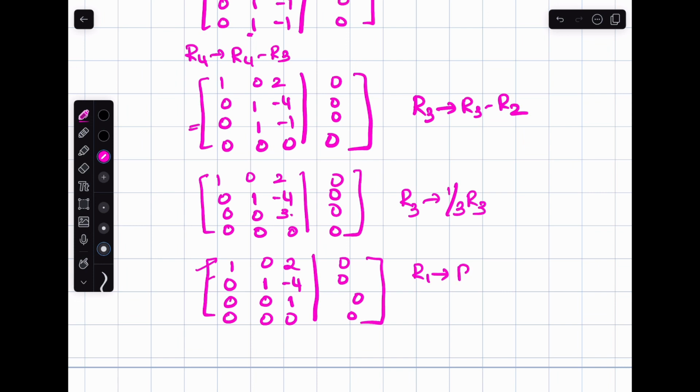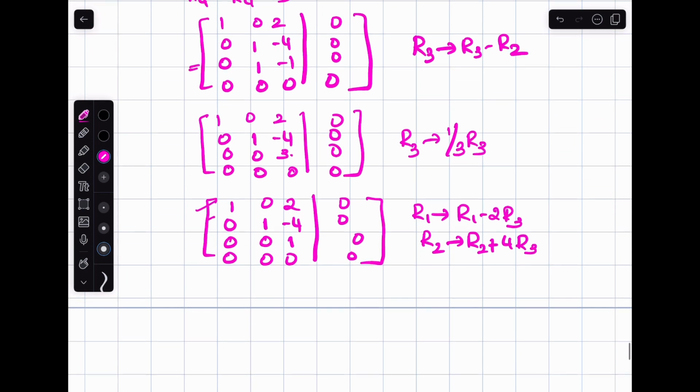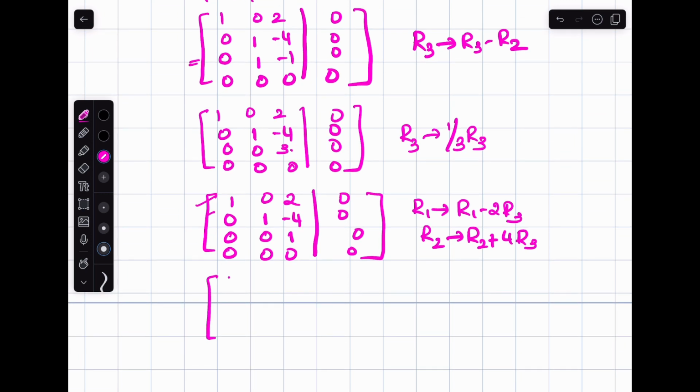So r1 changes to r1 minus 2 times r3, and r2 changes to r2 plus 4 times r3. Oops, 4 times r3 plus. All right, now the matrix will change to 1 0 0 0, second row will be 0 1 0 0, 0 0 1 0, 0 0 0 0.